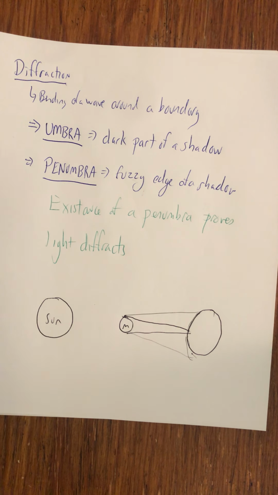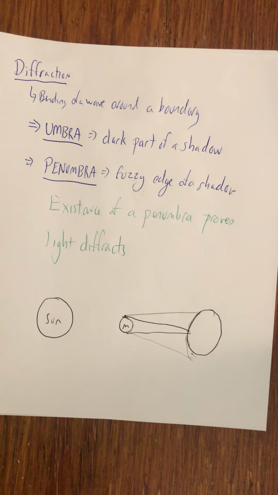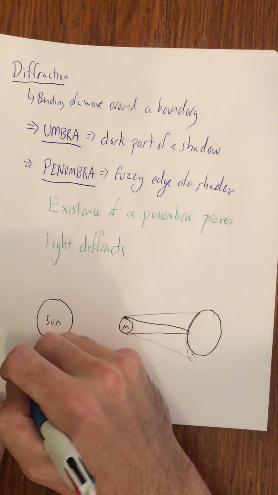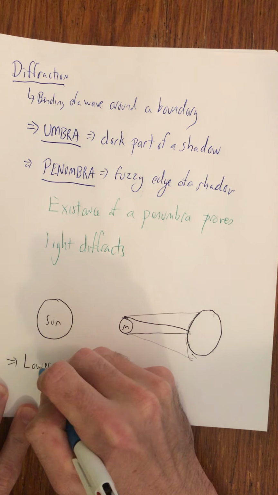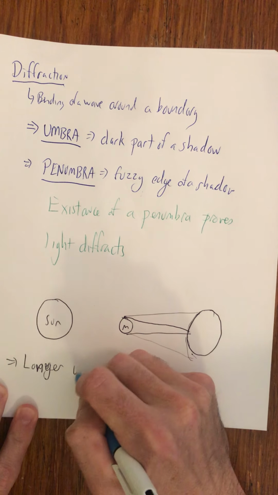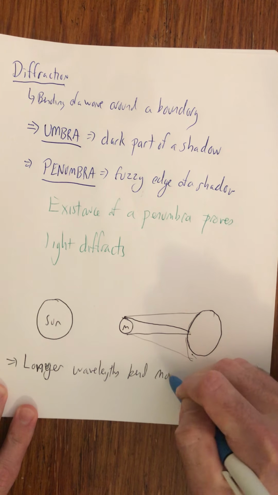Now, something I can't seem to get here, but if you actually look at the edges of shadows sometimes, you can see color, right? Specifically, at the edge of a shadow, sometimes shadows look blue tinged. Well, why is it blue tinged? Well, let's remember we said longer wavelengths bend more, right?